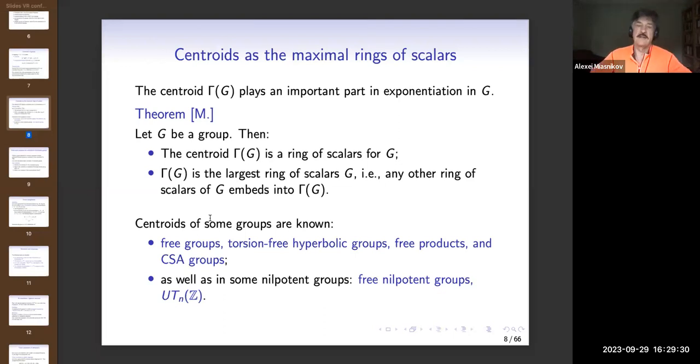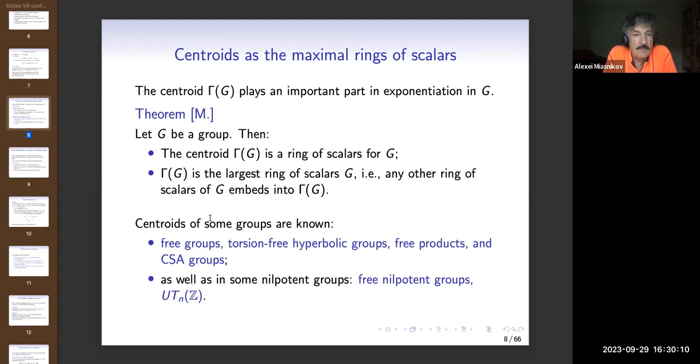The action of gamma of G on G satisfies all axioms of the exponentiation, all 4 axioms. Moreover, gamma of G is the largest ring of scalars of G. In other words, any other ring of scalars naturally embeds into gamma of G. If you have a ring of scalars, every element acts on G, so it gives a map, and this map will be normal and a quasi-endomorphism.